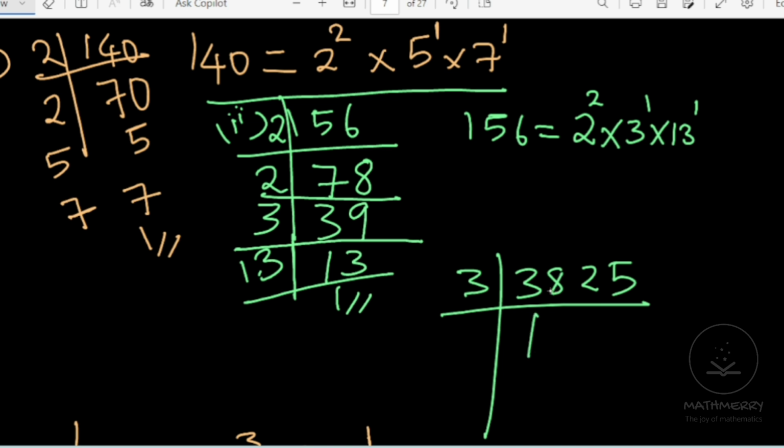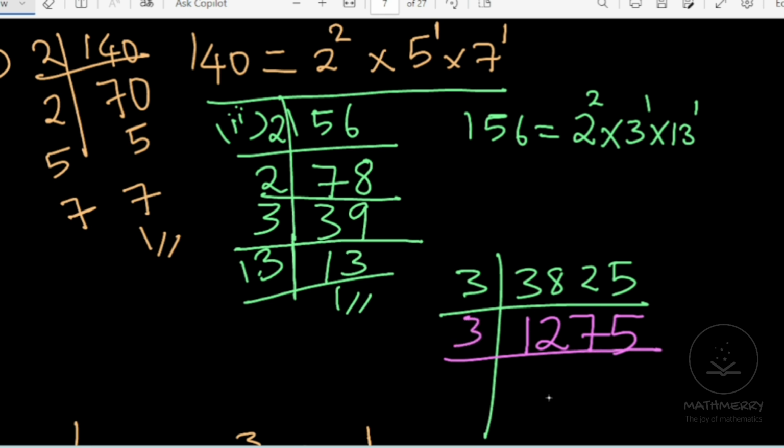So it will be 1275 divided by 3. In 3 there are 1, in 15 we have 5 times. So 425, again we can try for 3.